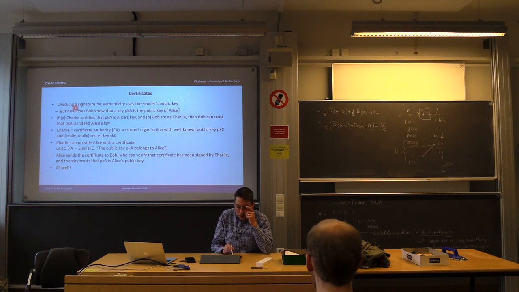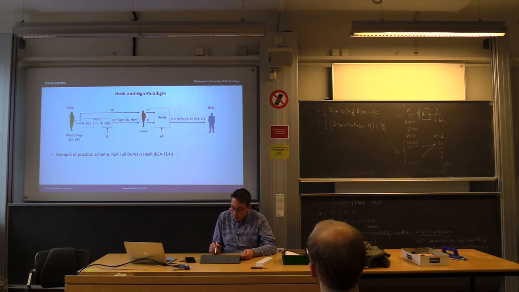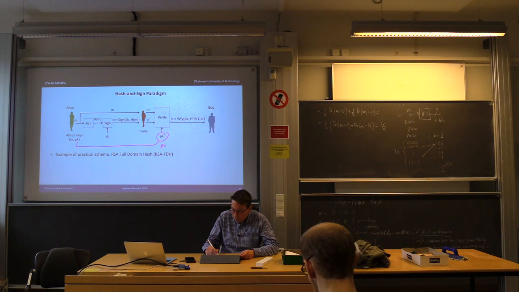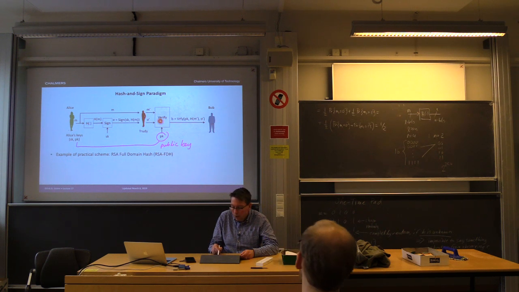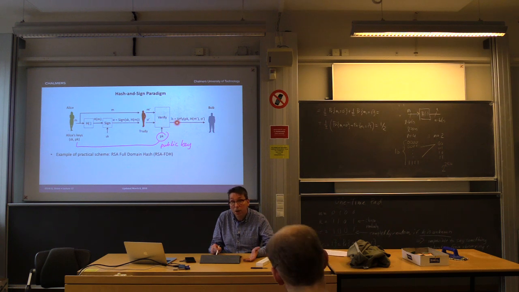Checking a signature for authenticity uses the sender's public key, right? So in the verification here, we use Alice's public key. Bob can make sure that if B is equal to 1, the verification succeeds.